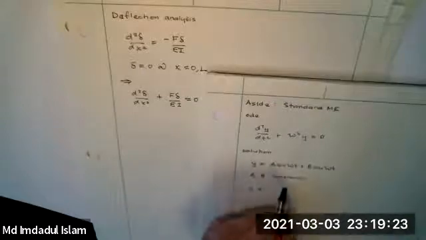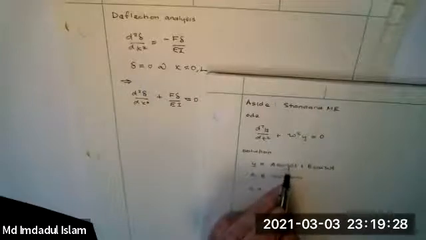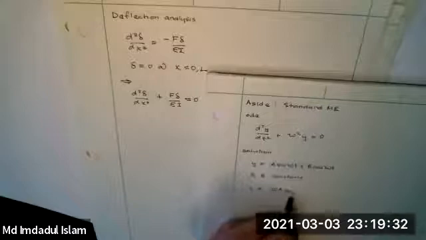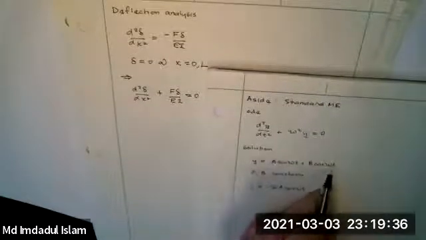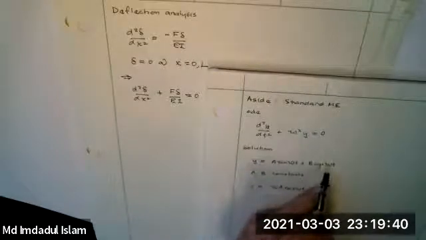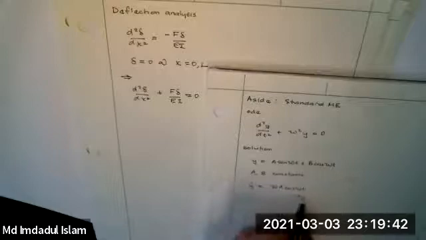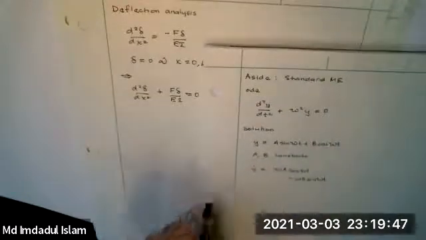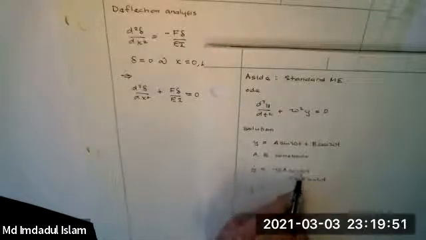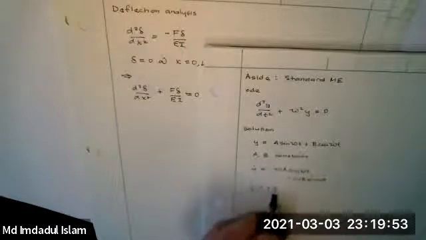Differentiating once, y dot: if I differentiate sine omega t with respect to t, I get an omega, and the differential of sine is cos. If I differentiate cos, again I get an omega, but the differential of cos is minus sine. Now, if I differentiate again, I'll get another omega, and since I'm differentiating cos, I get a minus sign.